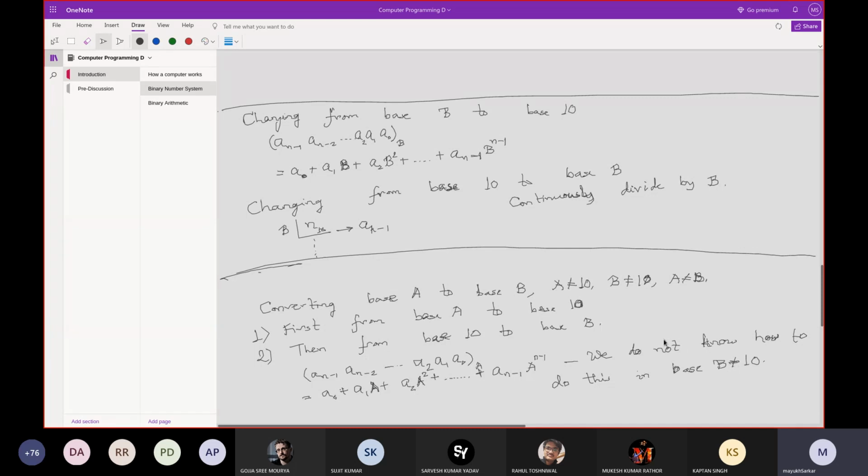That's why it is suggested that you first go from base A to base 10 and then from base 10 to base B.